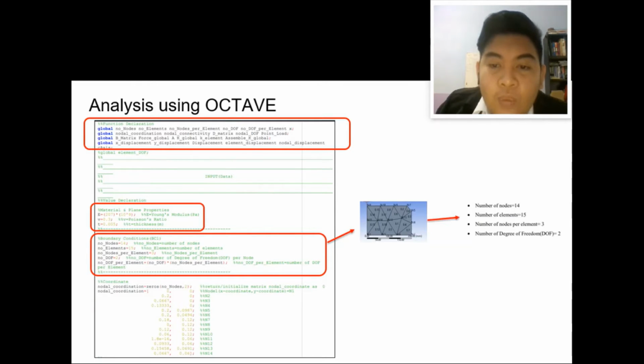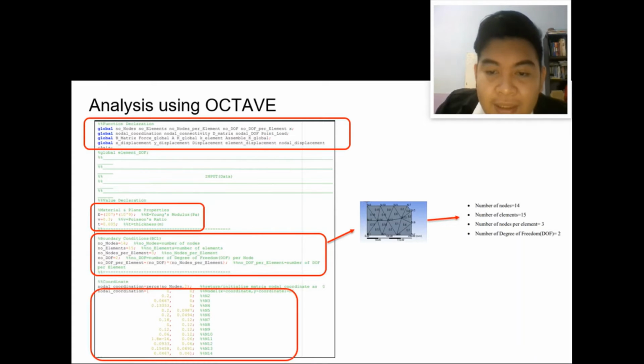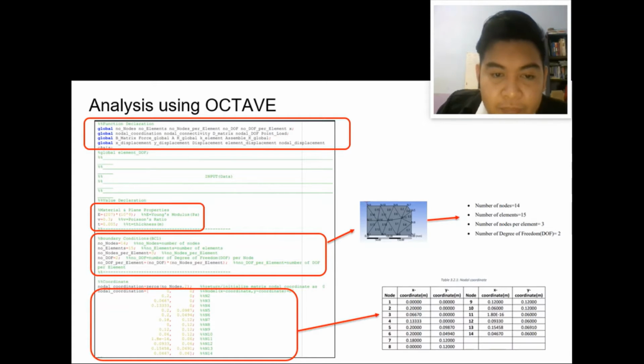From it we get 14 nodes, 15 elements, 3 nodes per element and 2 degrees of freedom for each node. We also need to assign the initial coordinates of each node in matrix form, to save them in their own array from these ANSYS generated results.